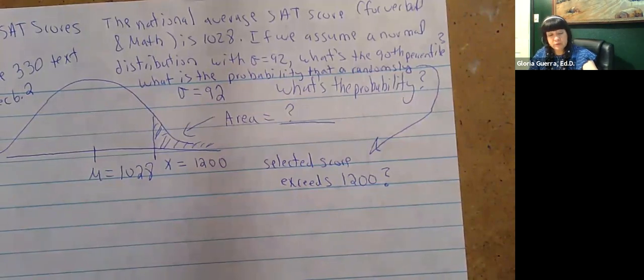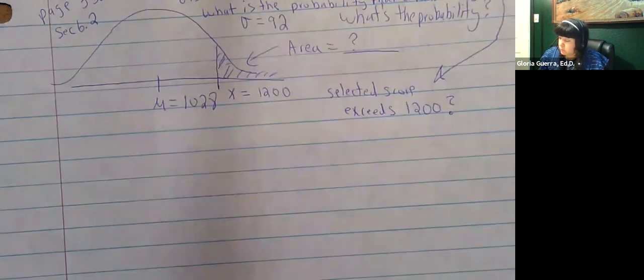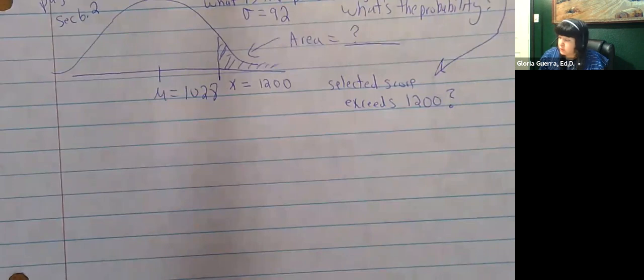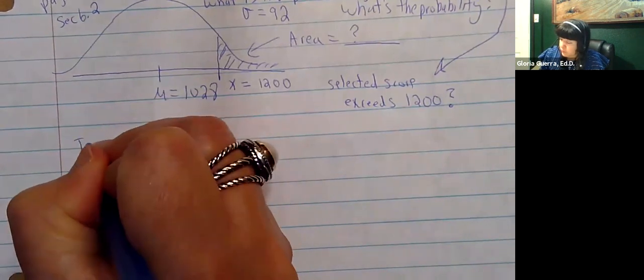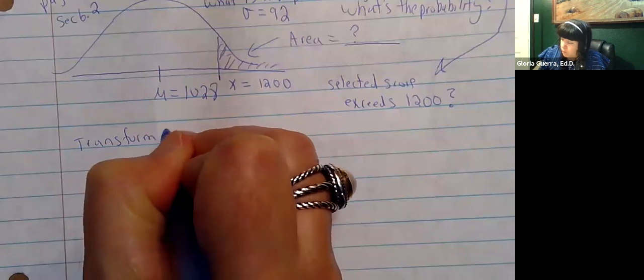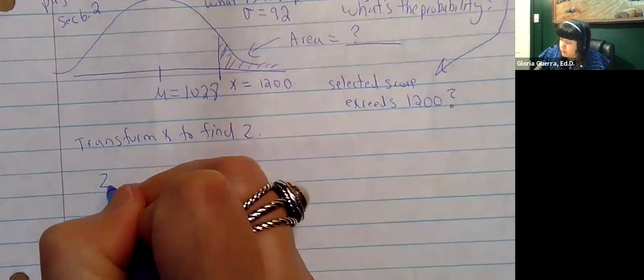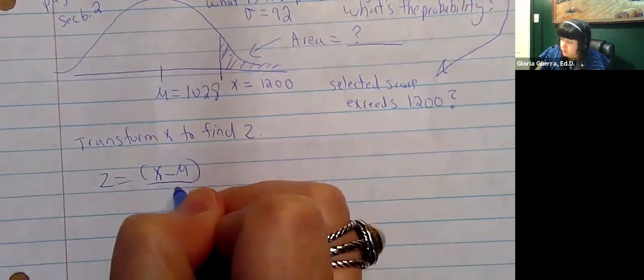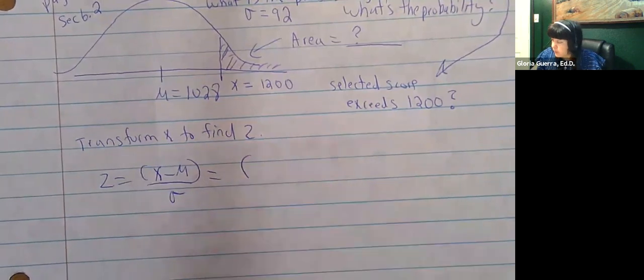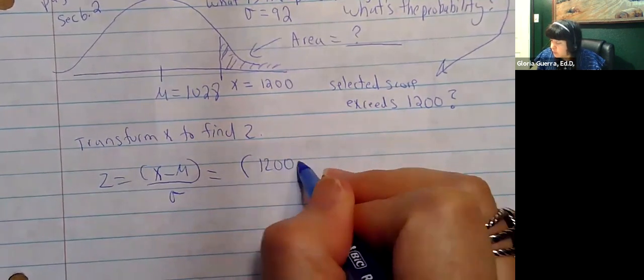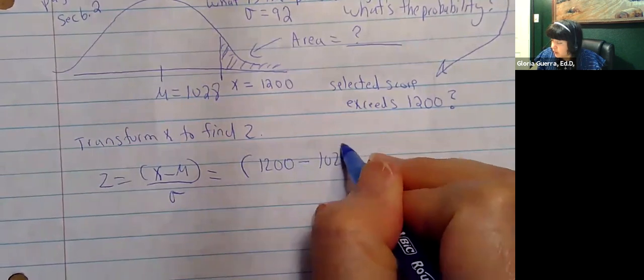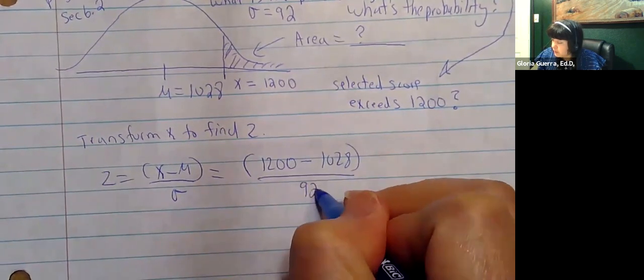Okay, so what we'll have to do is run it through the Z. So I have to transform X to find your Z. So the formula is X minus mu divided by sigma, and X is 1200 and mu is 1028, and we divide by sigma, that's 92.